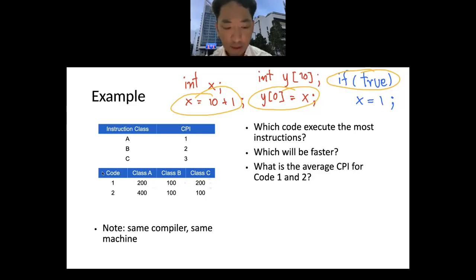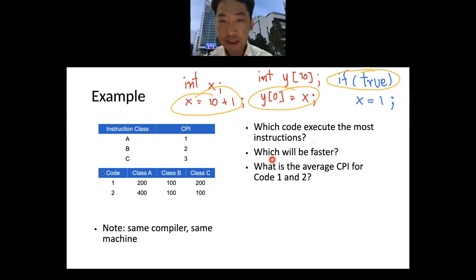How about code number 2? It has 400 of class A, 100 of class B, and another 100 of class C, so in total 600 instructions. So you can answer the first question: code number 2 executes more instructions.